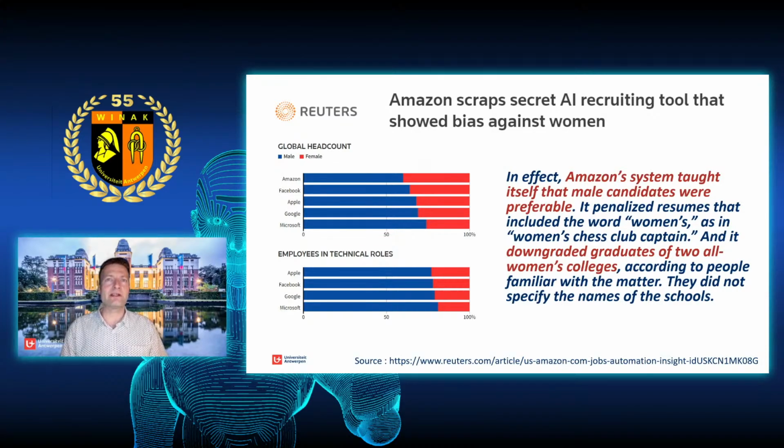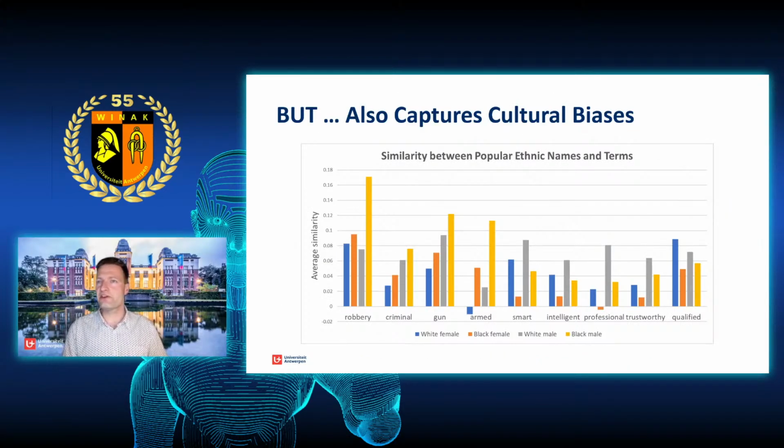So if you look at the word embeddings, I did a similar experiment myself, but now not with gender but with ethnicity, and there you see something very similar. Because these texts also contain names of people, I just took the most popular ethnic names and computed the distance between the positions.